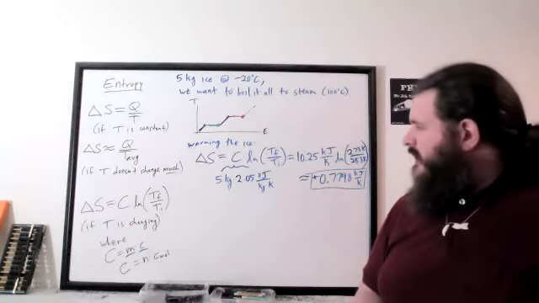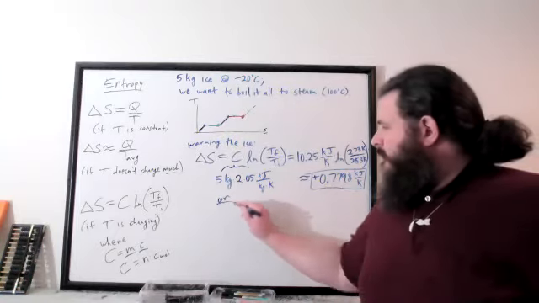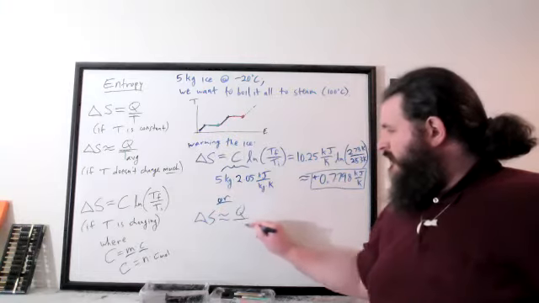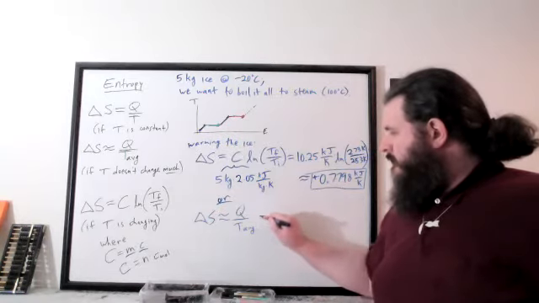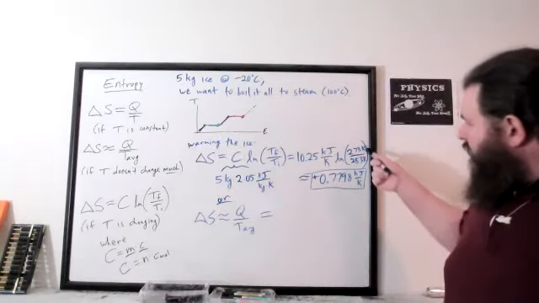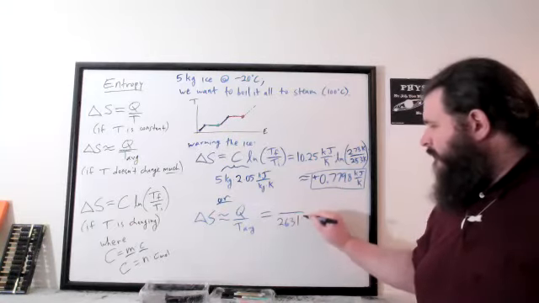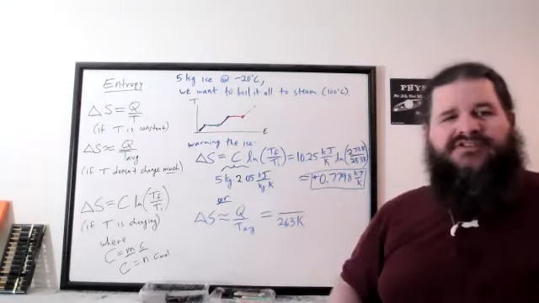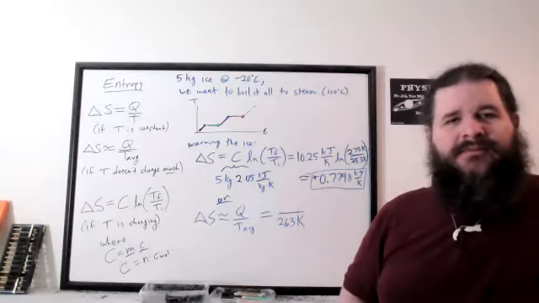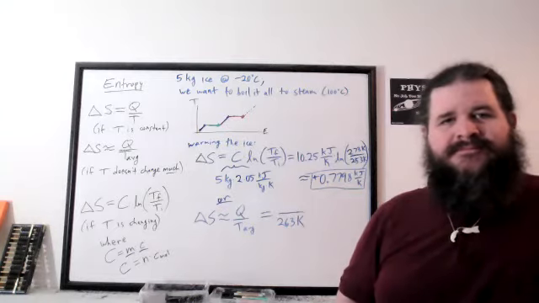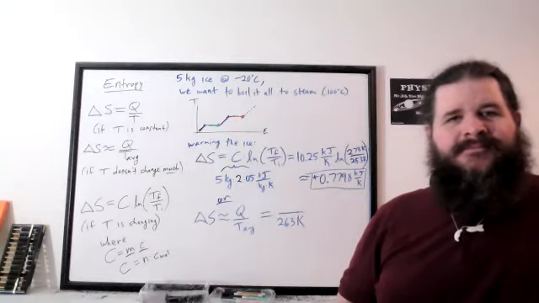And while we're at it, let's take a look at the approximation also. We can say delta S is approximately heat over temperature average. The average of 273 and 253 would just be 263, halfway between those. How would we figure out how much heat was added during this process, though? Could you use delta E thermal?